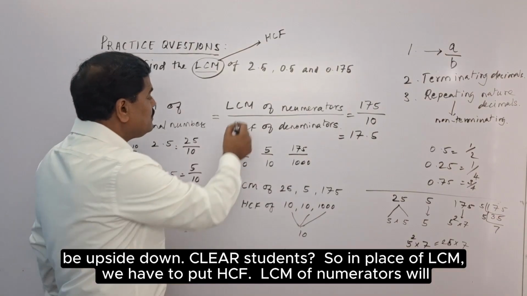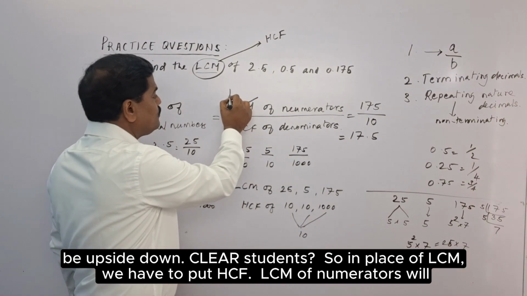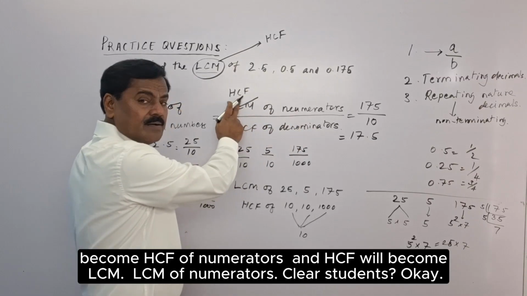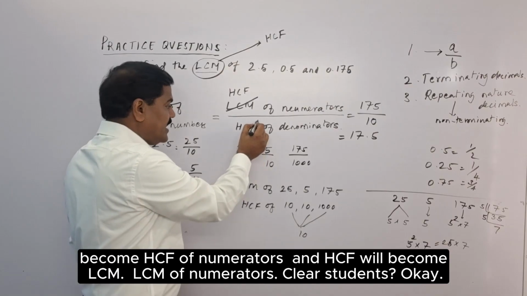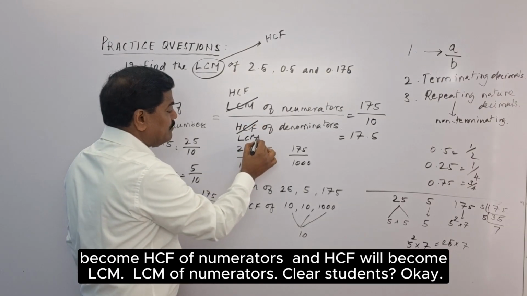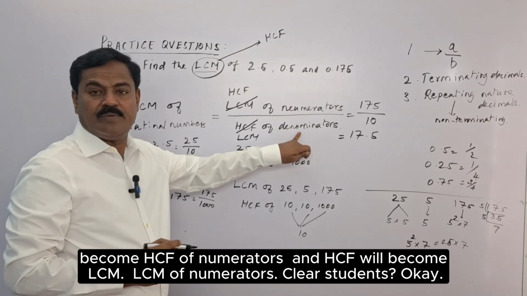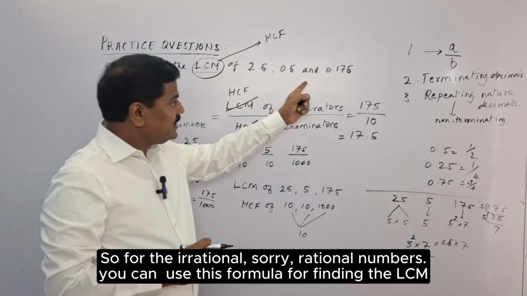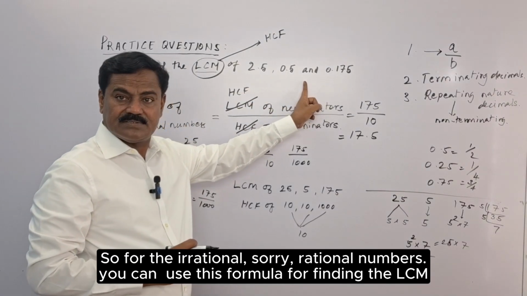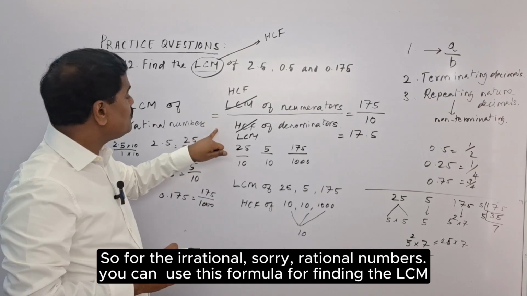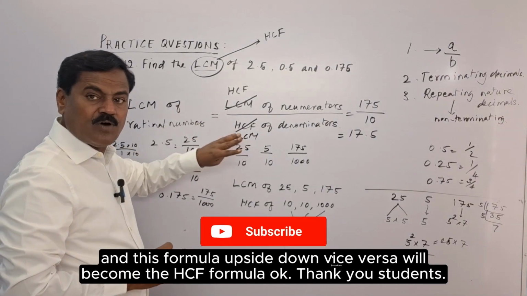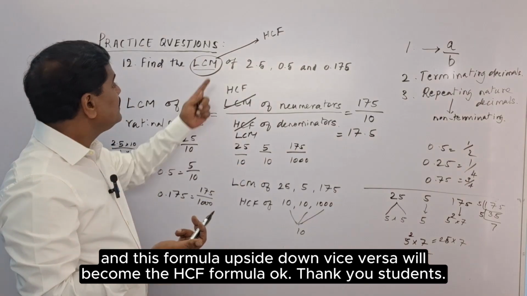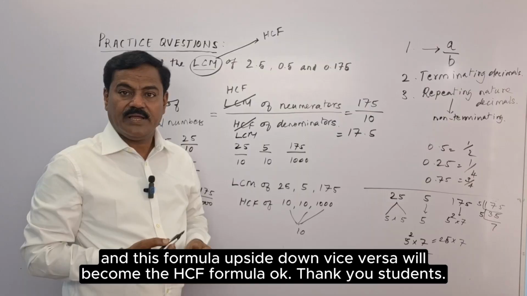In place of LCM you have to put HCF: LCM of numerators will become HCF of numerators, and HCF of denominators will become LCM of denominators. So for rational numbers, you can use this formula for finding the LCM, and this formula upside down, vice versa, will become the HCF formula.